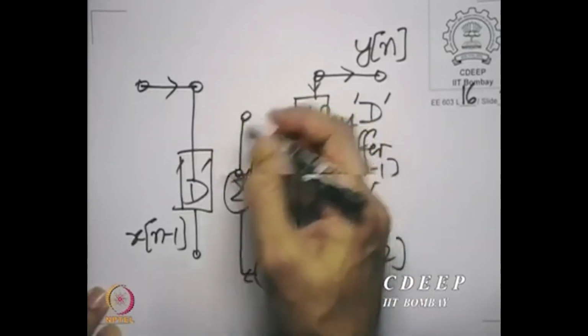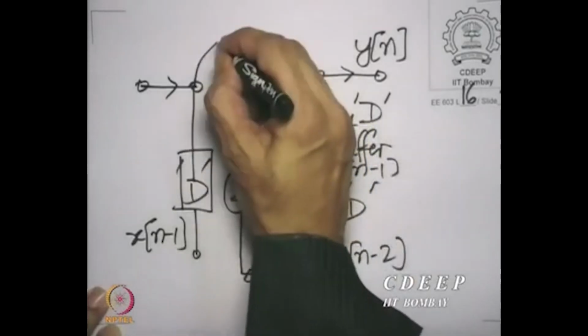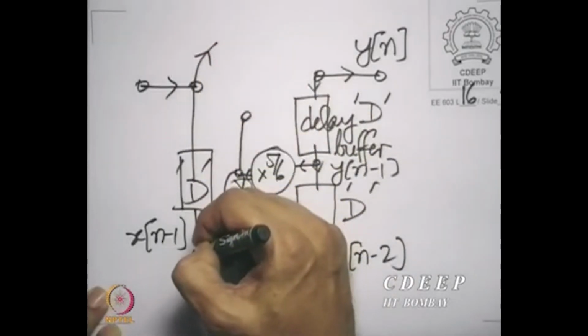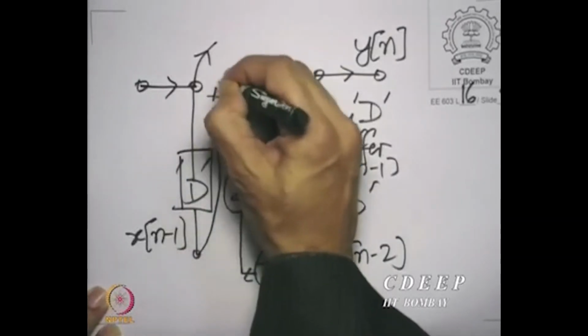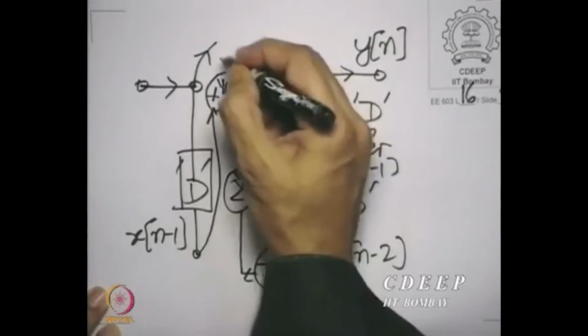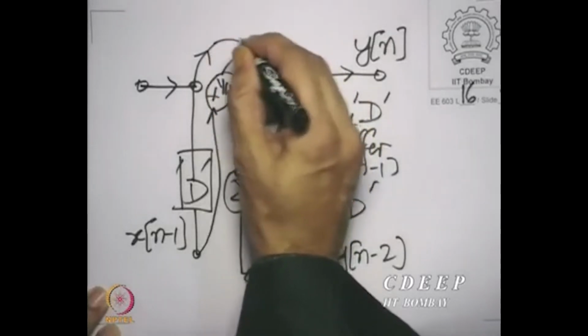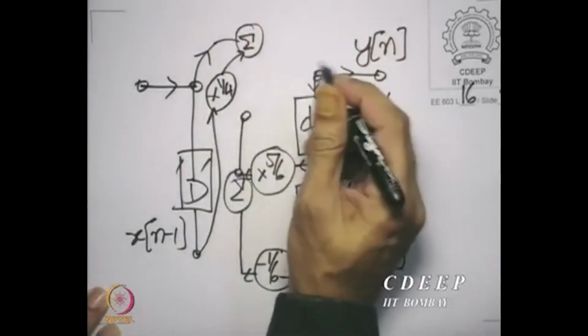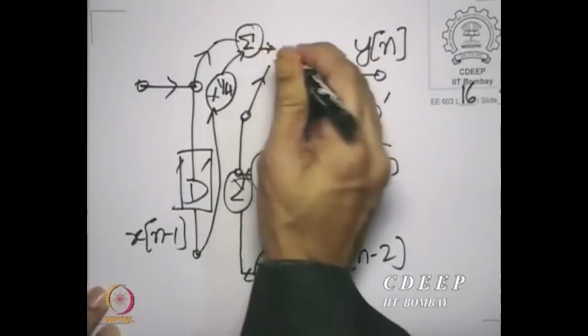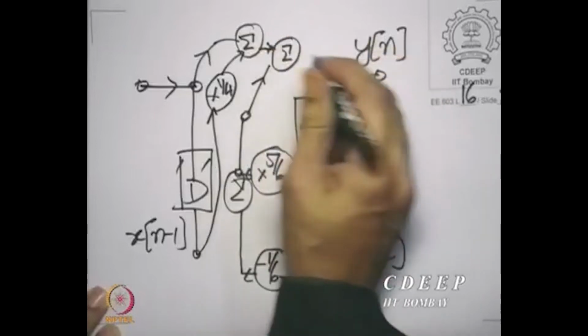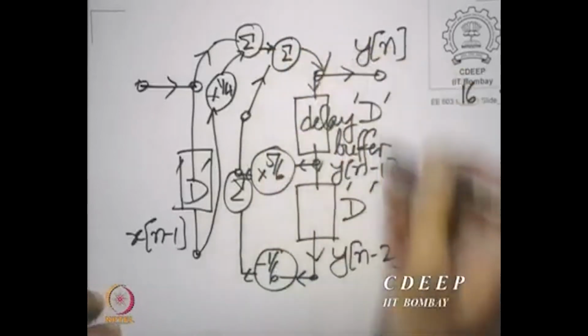I have also taken the input and added to it -1/4 times the input delayed by one sample. And I have added these two together and thus generated the output.